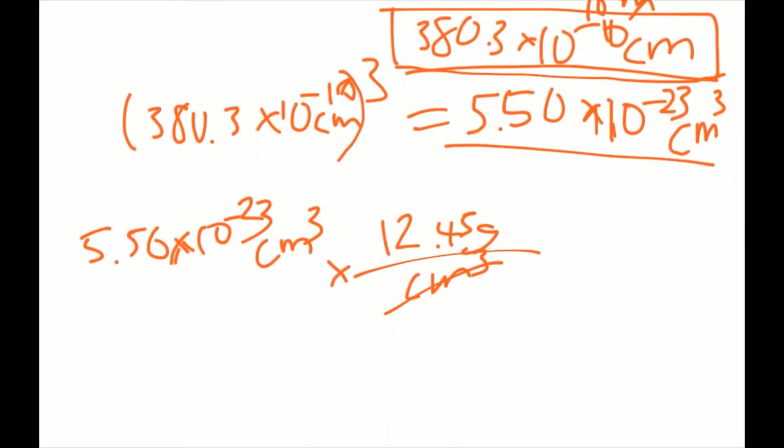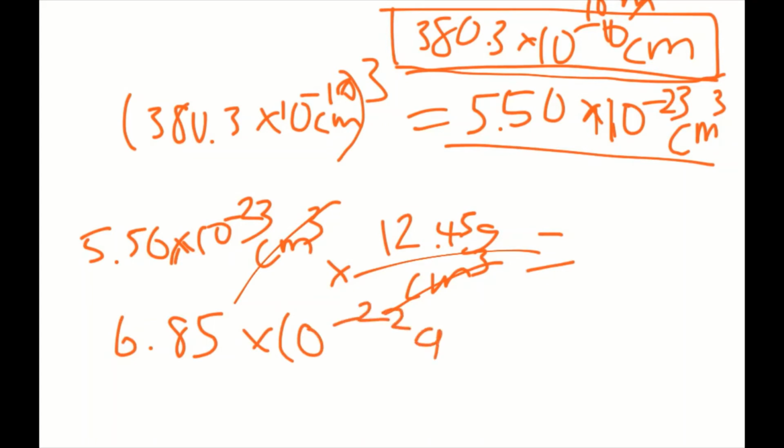If we cancel these out, we can see that we're not finding the volume anymore, we're going to find the mass of the unit cell. It's going to be 6.85 times 10 to the negative 22 grams.